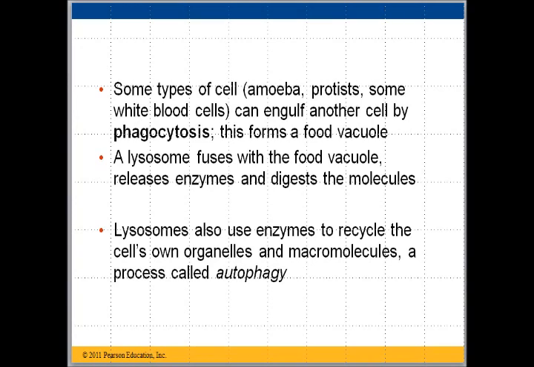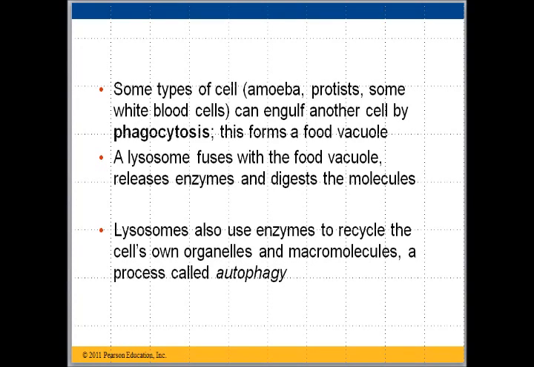And basically what happens is they surround this other cell and then form a food vacuole around that cell. So now they have engulfed that food source, and it's within their own cell body. And then a lysosome fuses with that food vacuole and releases enzymes that digest that molecule.